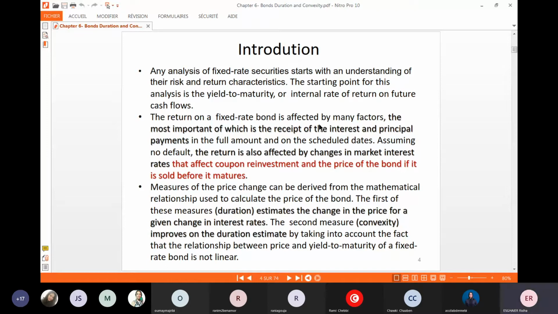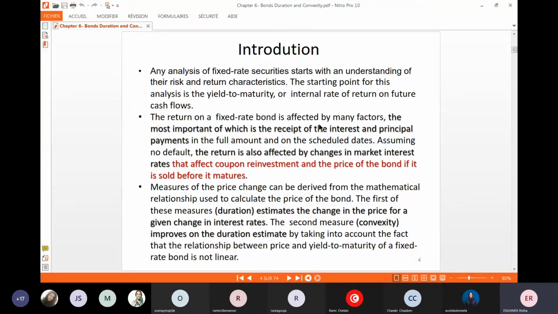Also, if I decide to sell my bond prior to its maturity date: we know that at the maturity date the value of the bond is equal to the par value. The investor will receive the par value, no more, no less.